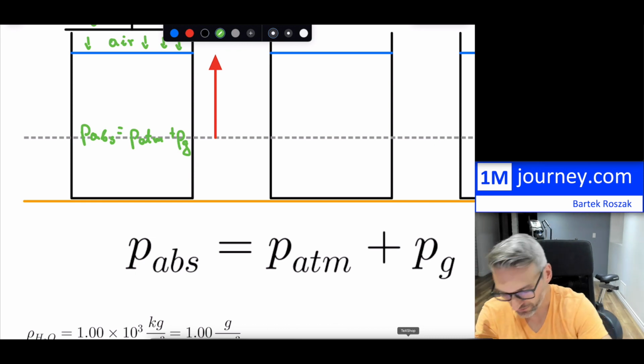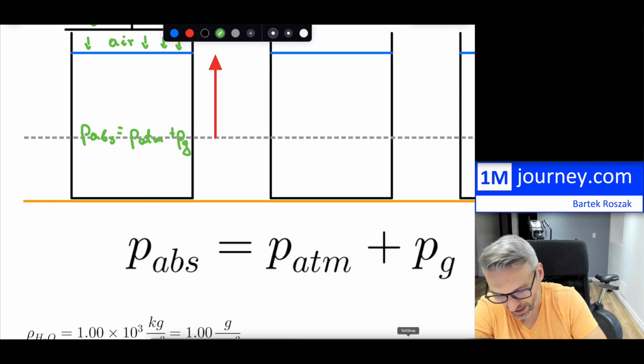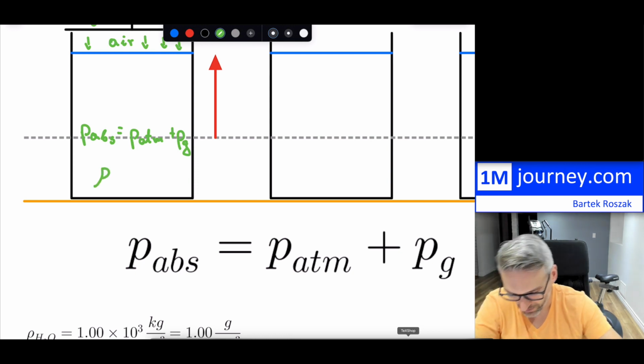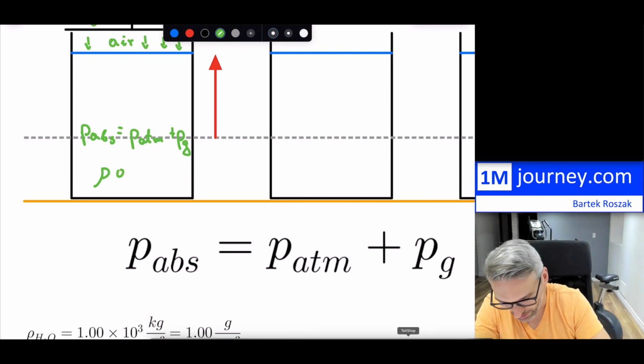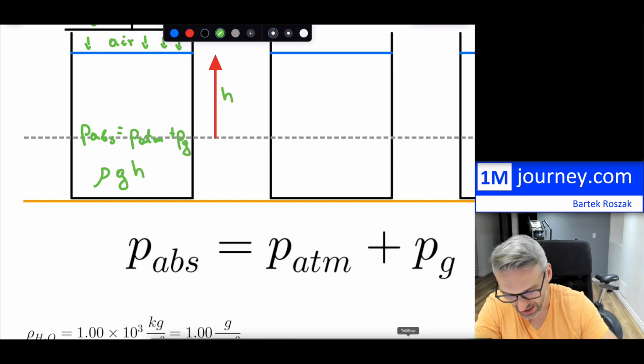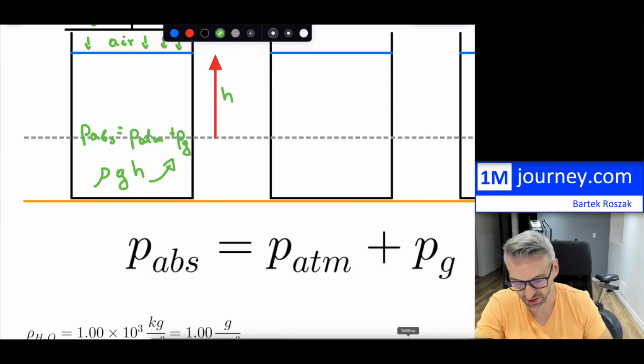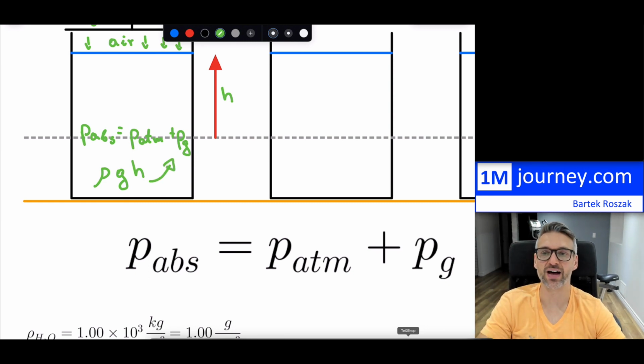You can find that with the standard equation: whatever the density is, if it's water, you take the density of water, multiply it by gravity and by the height. That would be your gauge pressure, or your pressure at that depth.